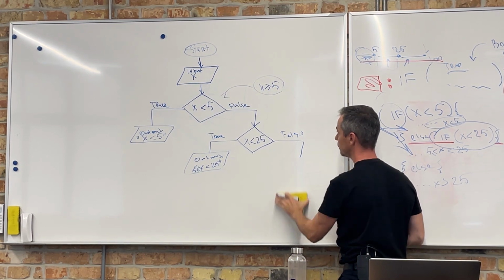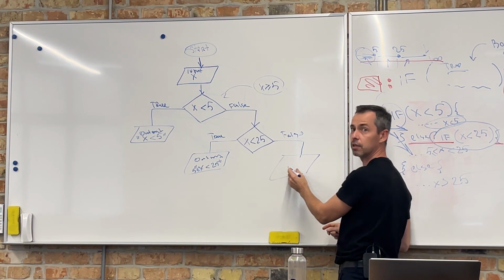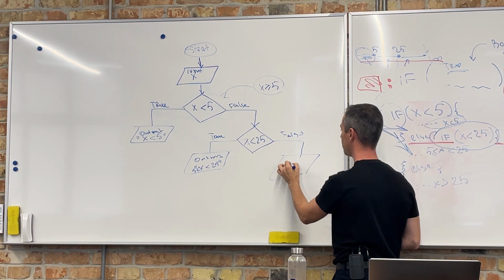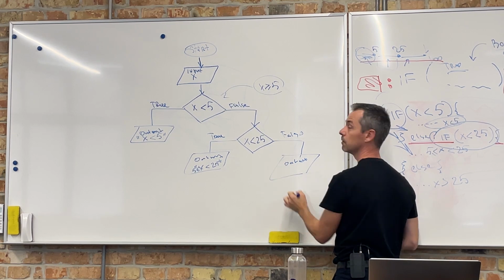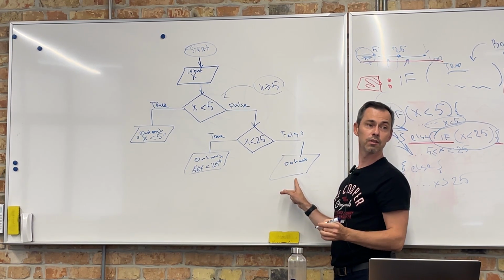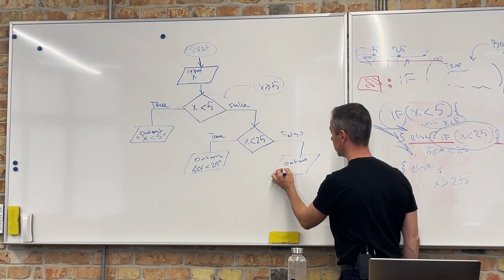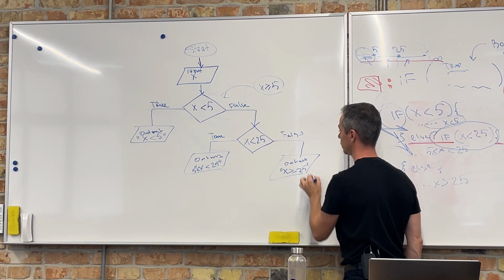I want to stop. And I output, what should I output here? X is greater than 25. Do you agree? X is greater than 25. Or equals to 25.